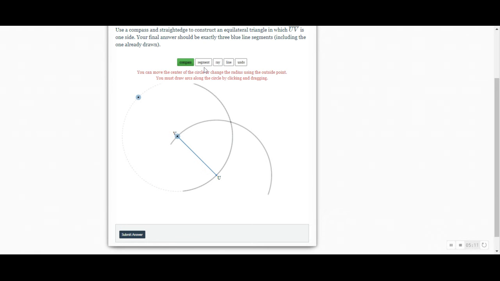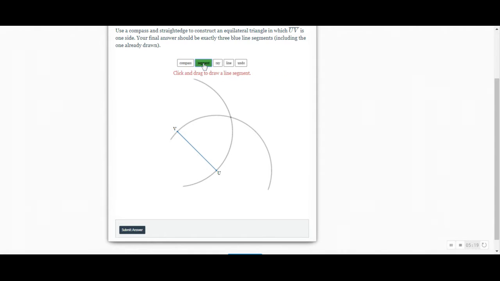So if I click on the word segment, because I'm looking for a line segment to draw my triangle, I'm going to start with the intersection. If I draw a line segment from my intersection to point U, and I draw a line from my intersection to point V, and voila, I'm going to have a triangle where all three sides are equal to each other, because I'm using the same distance from VU to make two circles.